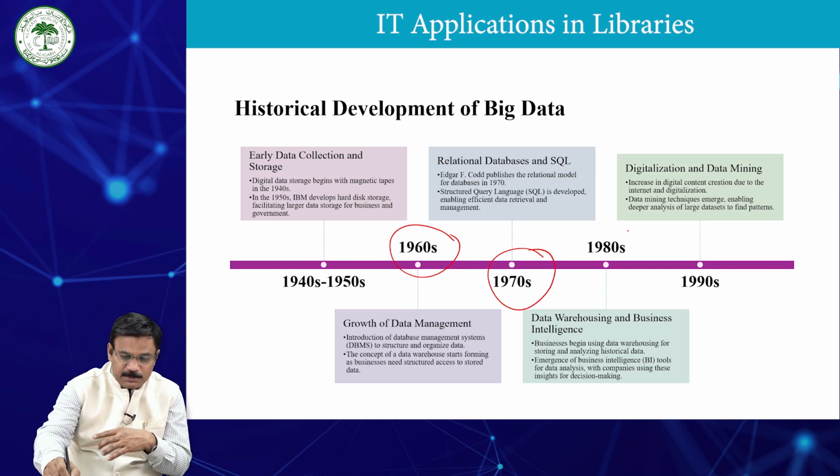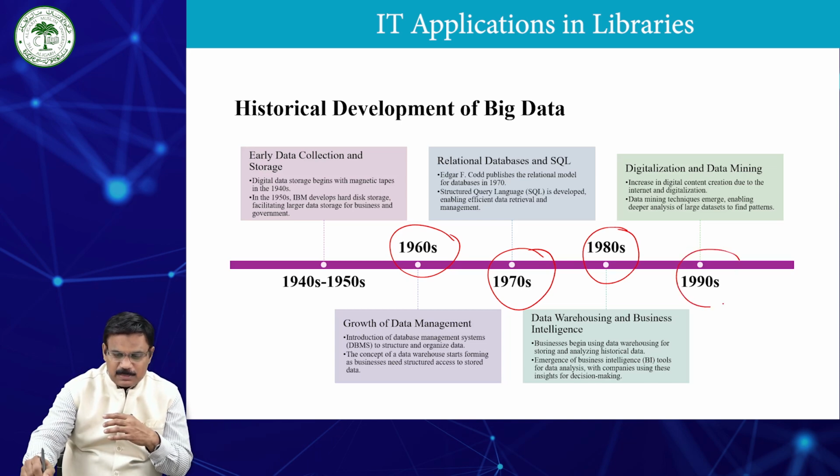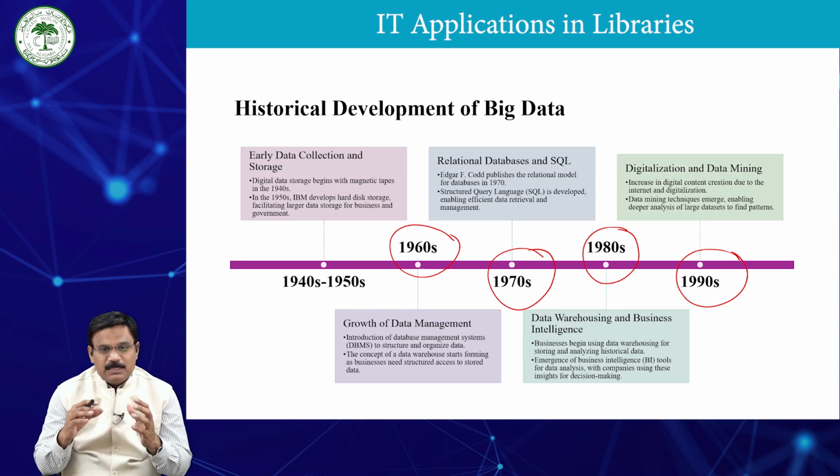In the 1980s, data warehousing and business intelligence were introduced, with the emergence of business intelligence tools for data analysis, with companies using these insights for decision making. And in the 1990s, we witnessed another development, that is digitization and data mining. Digitization increased digital content creation due to the internet and the digitization of other printed materials.